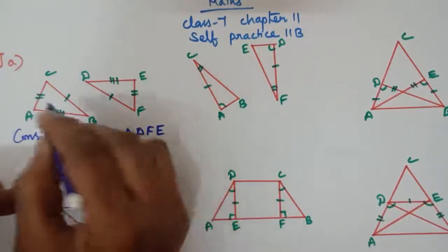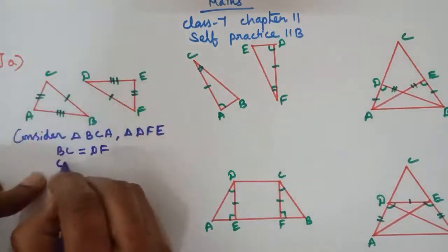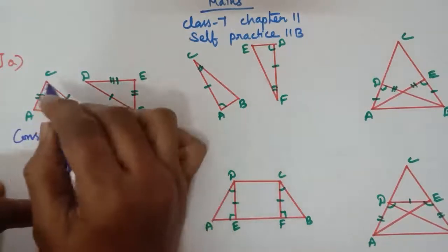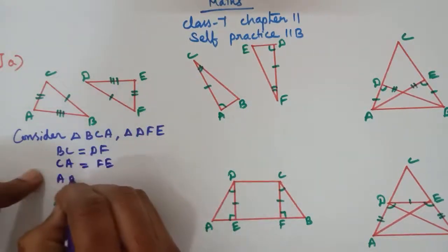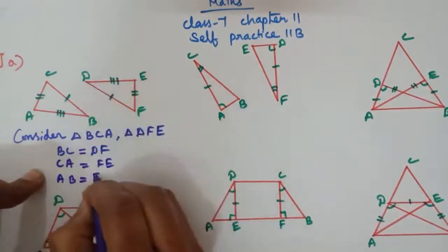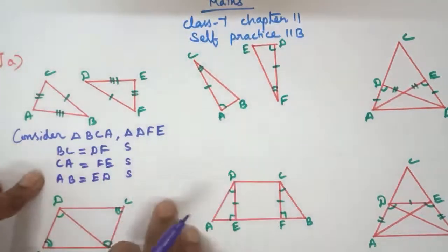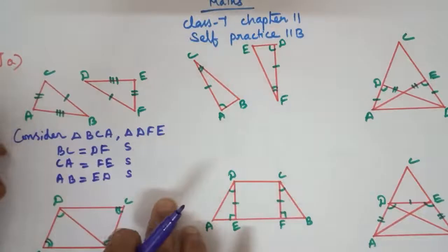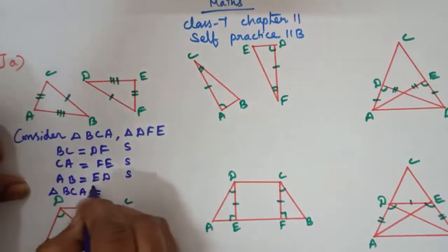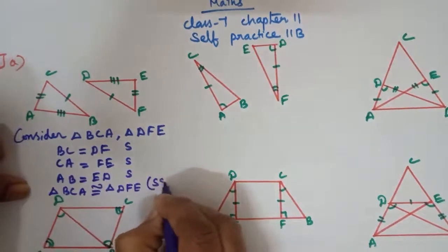Then CA is equal to FE. Third side AB is equal to ED. So students, listen, this is side, this is side, this is side. So by using the SSS congruence rule, we can say triangle BCA is congruent to triangle DFE by the SSS congruence rule.